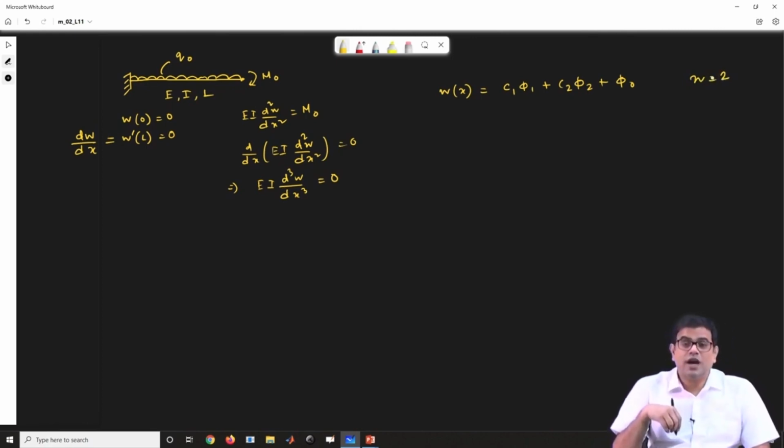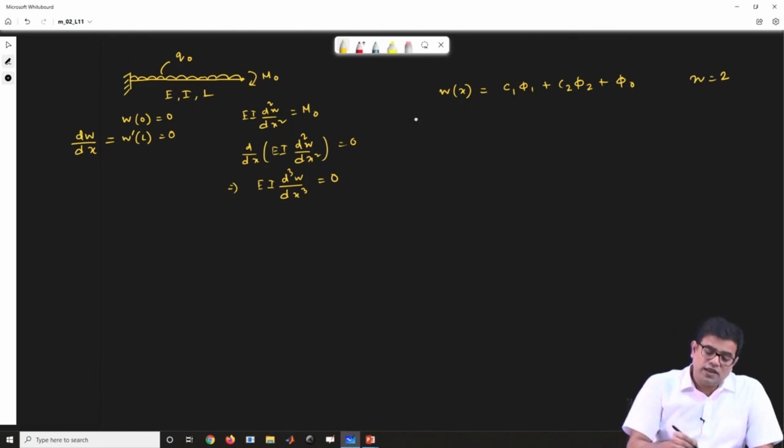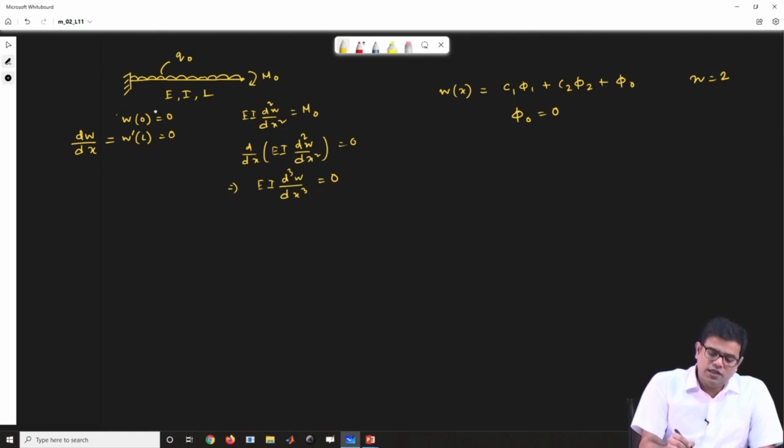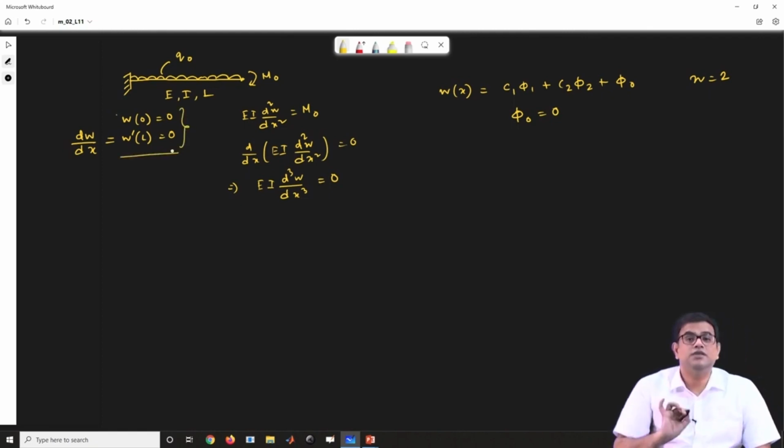What is my phi 0? You see that the boundary conditions are homogeneous, so naturally I can simply say my phi 0 is 0, because this is the only Dirichlet boundary condition I have in the system.